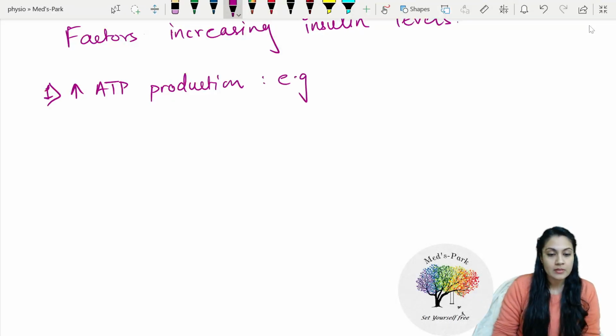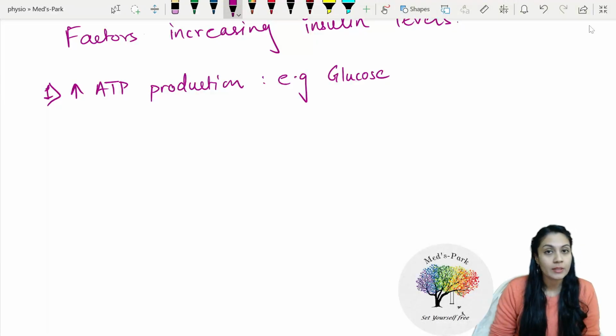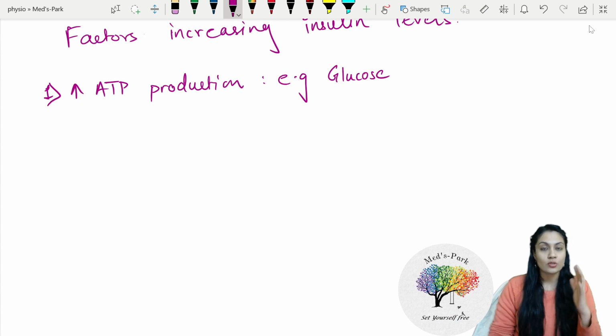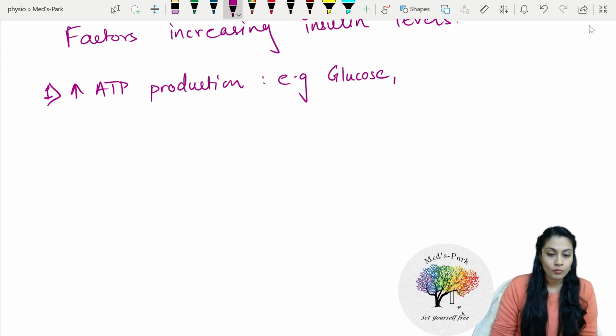Some examples, first and foremost, is glucose. Glucose itself will cause glycolysis inside the beta cell of the pancreas, which will cause all this cascade to be provoked. And then free fatty acids, we can write it as FFA.